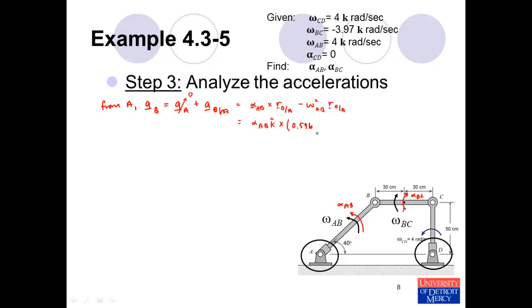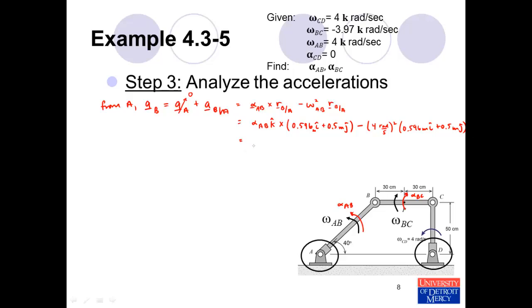From the previous slide, we found that it was 0.596 in the I, 0.5 meters in the J. The angular velocity we found in the previous part of the problem, omega AB, it's been repeated up here, is 4 radians per second. And then the position vector is again 0.596 in the I plus 0.5 in the J.